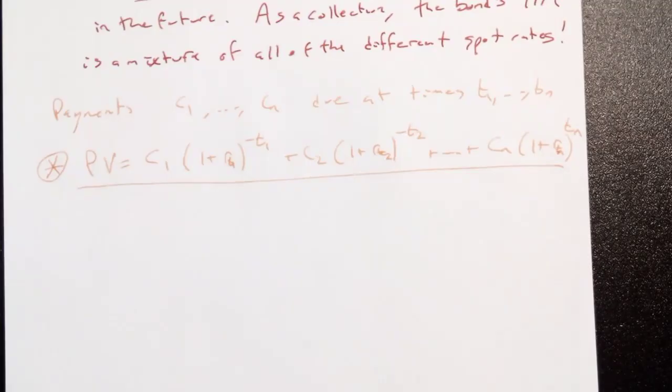But let's think about this. I need a rate for each different term. If I'm going to get payments like we were doing with our bonds every 6 months, I need an interest rate 6 months from now, a year from now, a year and a half, 2 years, 2.5, 3 years, for however long I'm going to go. And those could be different based on our yield curve. Questions?